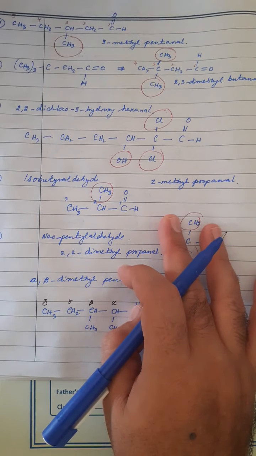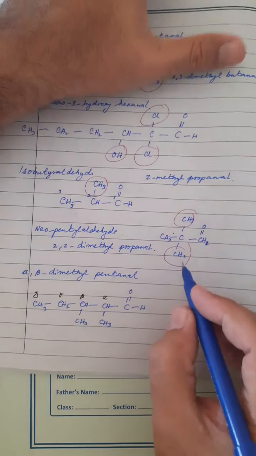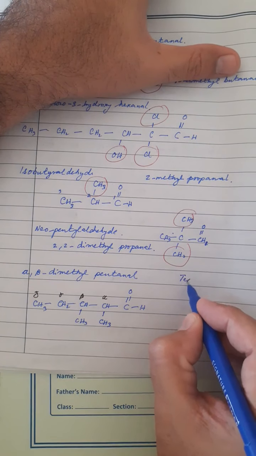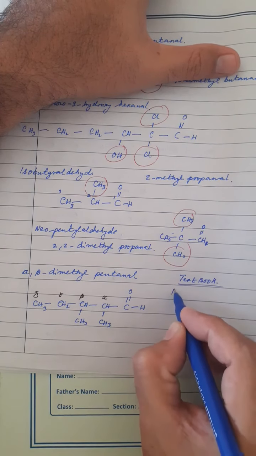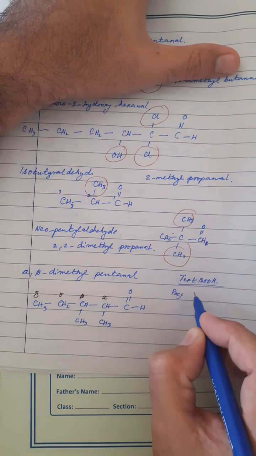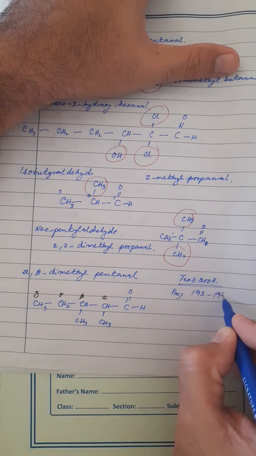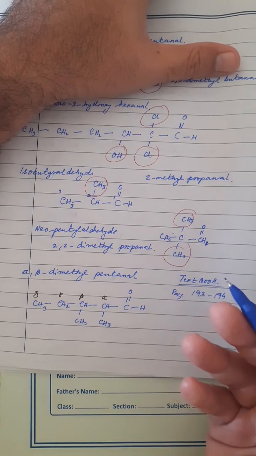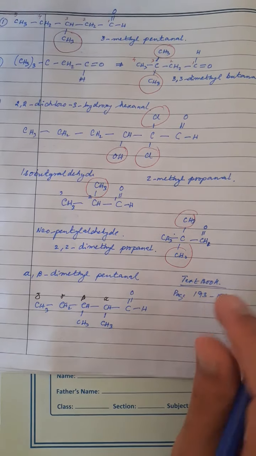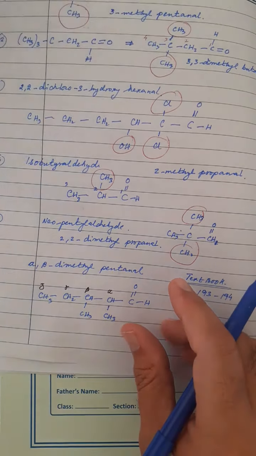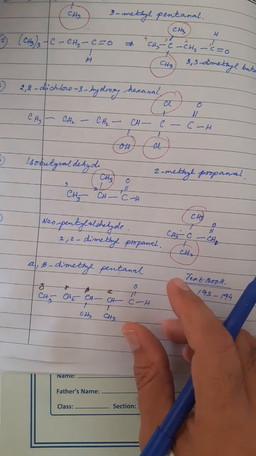Now I will suggest you some homework in our textbook. Page 193 and 194 has some practice questions. You can see the rules there and practice and reinforce your concepts of naming aldehydes from my lecture as well as from the textbook.